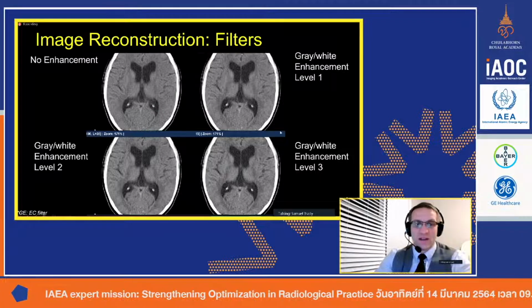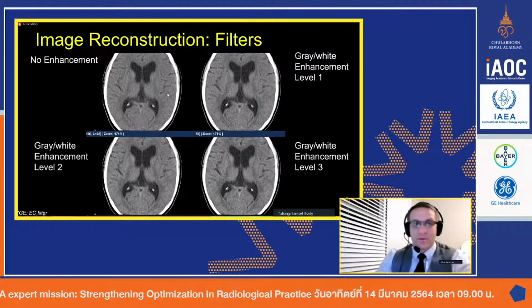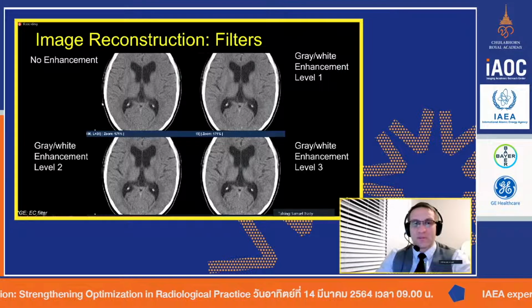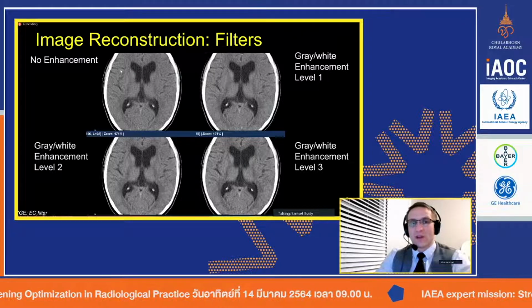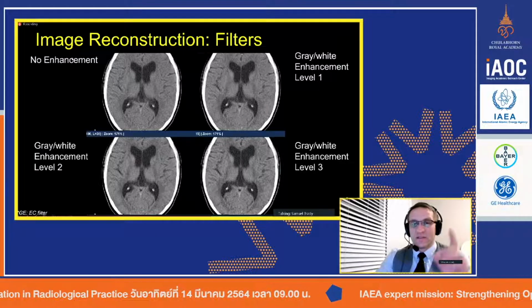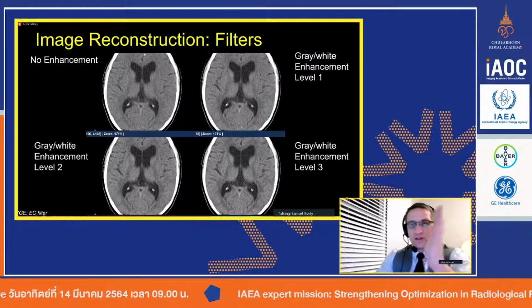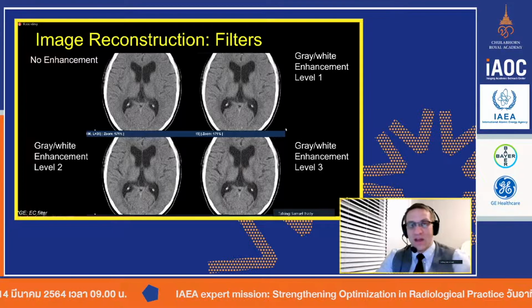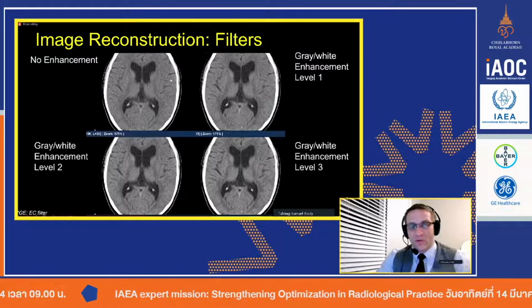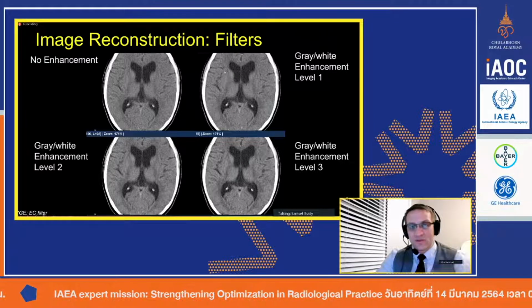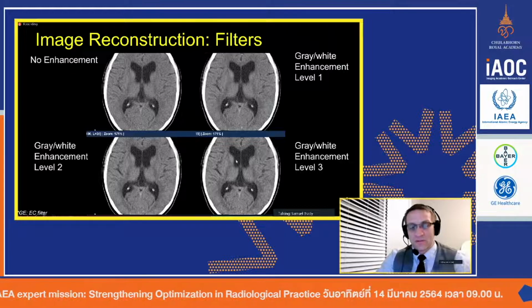Looking at this, this is just one example. You can see here, we can optimize the appearance of gray-white scale. Here I acquired this image and I set it with no enhancement, level 1, 2, and 3. And at every level, what we're trying to do with this filter is really differentiate the gray and white matter.